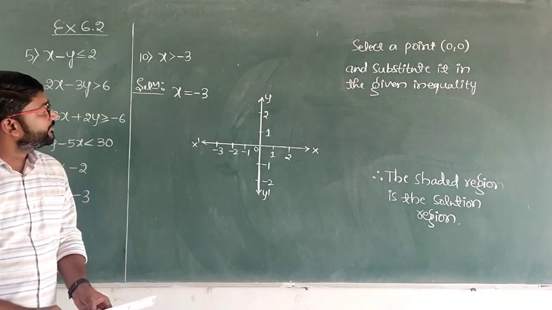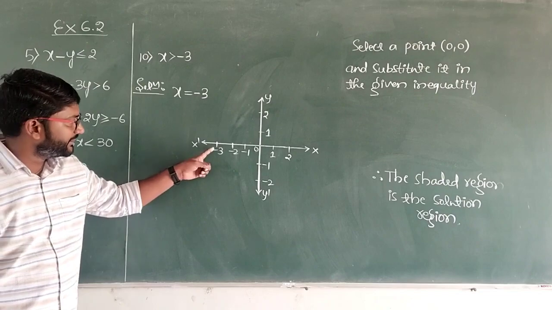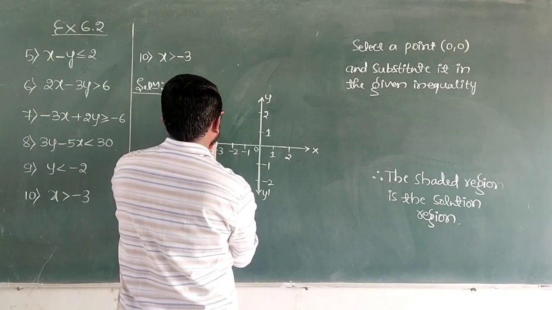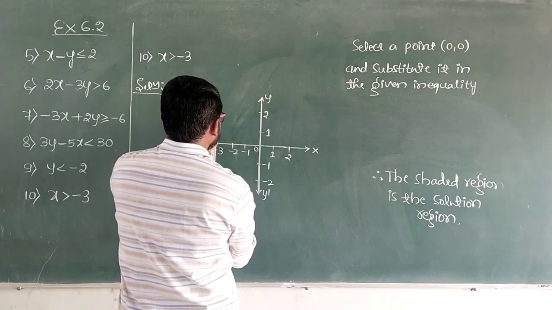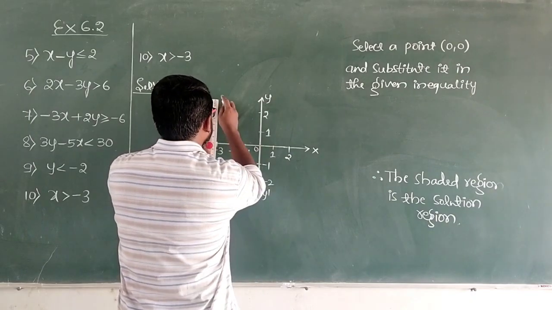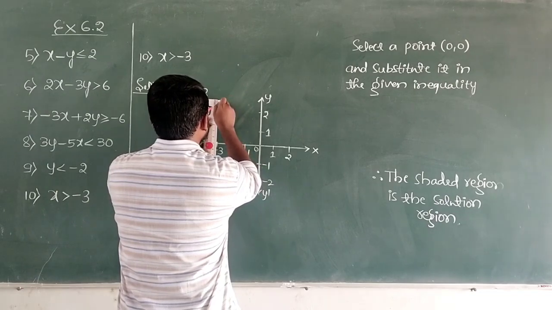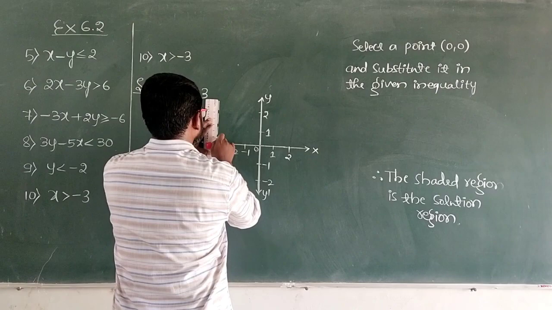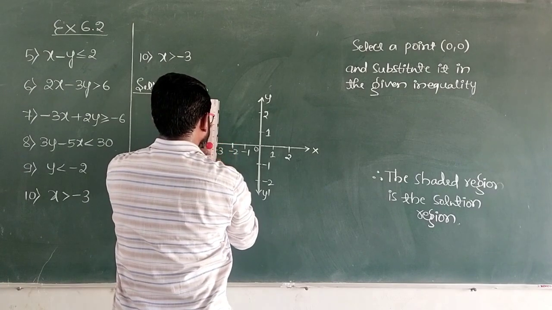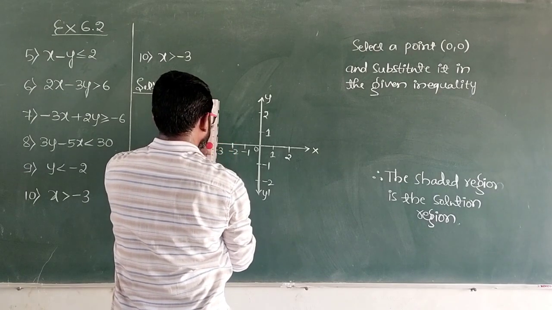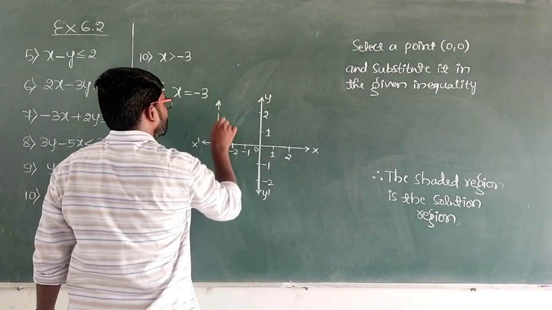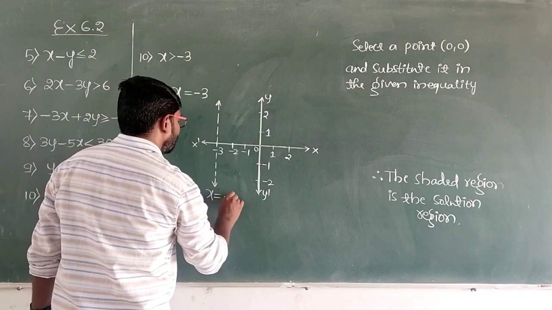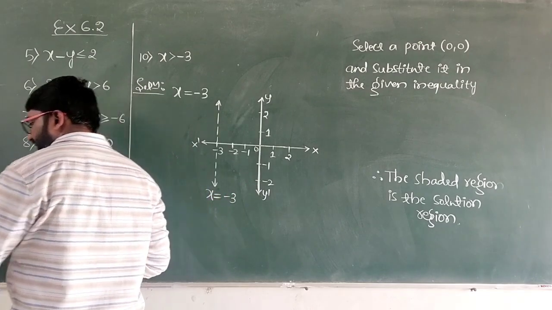Now we have x equal to minus 3, it is this one. It is a vertical line parallel to the y-axis, and the given inequality is a strict inequality. We have to draw this with a dotted line. So this is x equal to minus 3. So we are done with the graph.